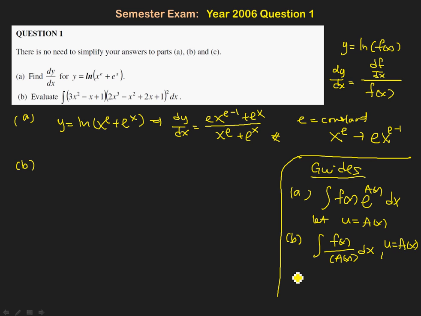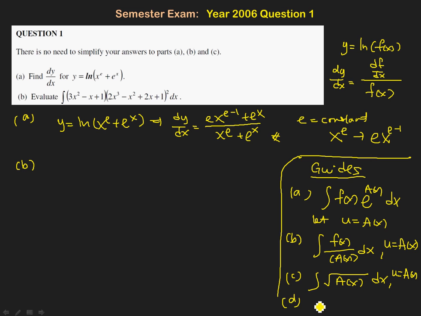What other guidelines can I give you? If you see a function where a(x) is in the radical, the radicand, again it's a good idea to let u be a(x). One more.